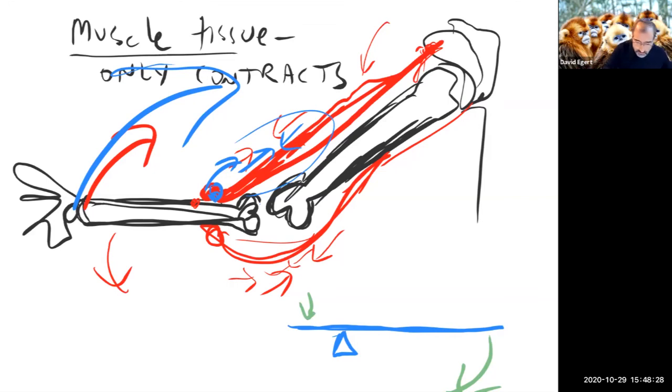So it's important that many muscles contribute to more than one action. Let me put that in here.